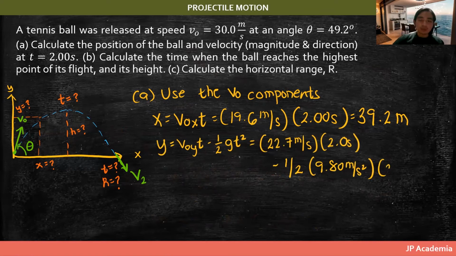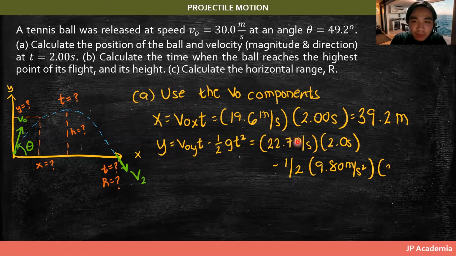Okay? So to get the x position, kailangan natin dito ay yung x component ng ating velocity. So 19.6 times 2, we will have this value, 39.2 meters. Then for the y position, gagamitin lang natin yung equation natin for constant acceleration with the assumption na yung y naught mo is equal to 0 kasi nasa origin yung ball natin or tennis ball for this case.